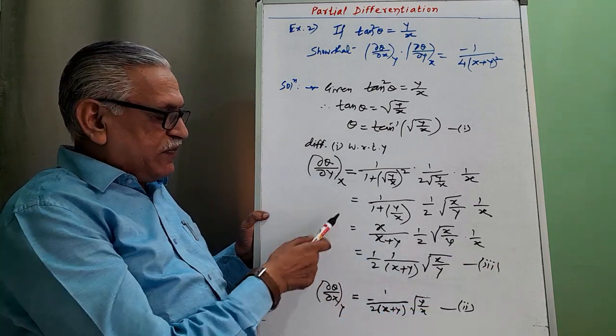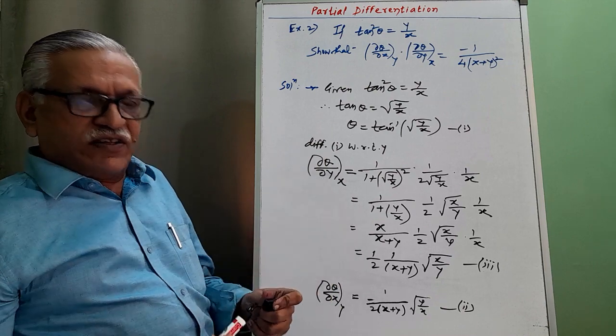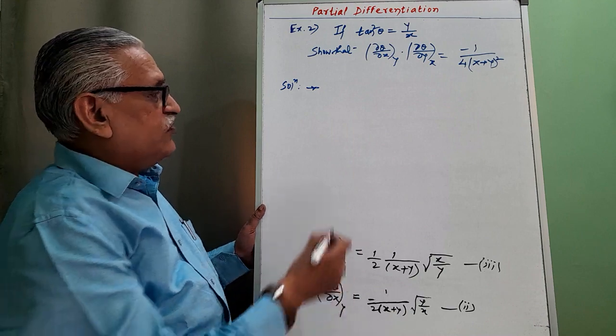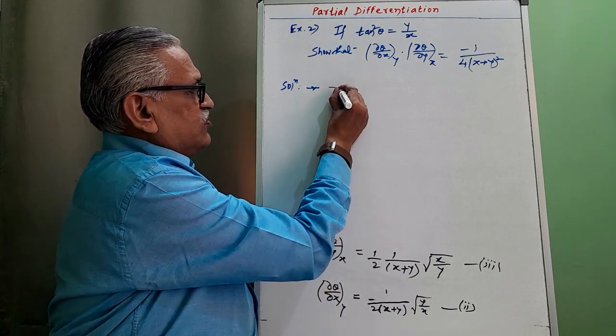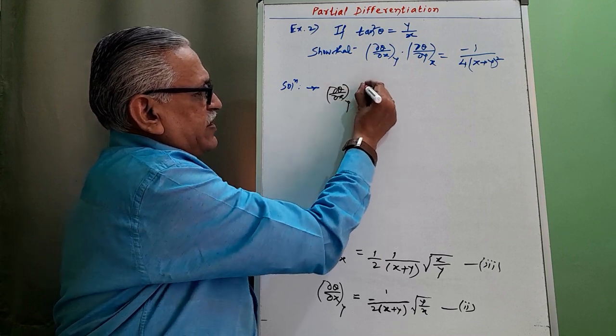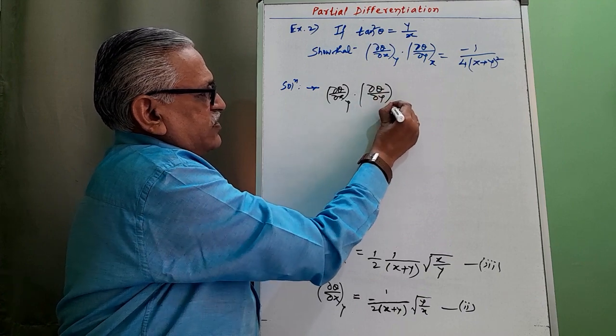Then taking the multiplication of equation 2 by equation 3, we get the required result. Therefore, multiplying these two equations, we get dou theta by dou x, keeping y constant, multiplied by dou theta by dou y, keeping x constant.